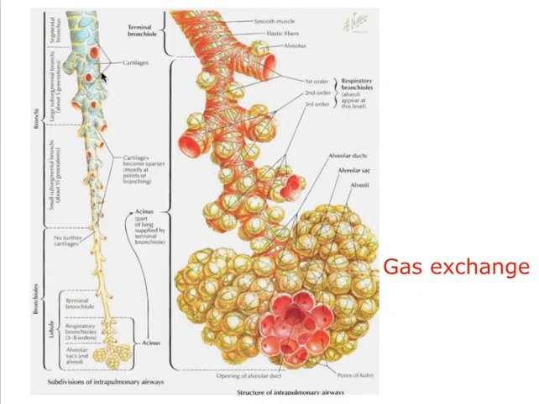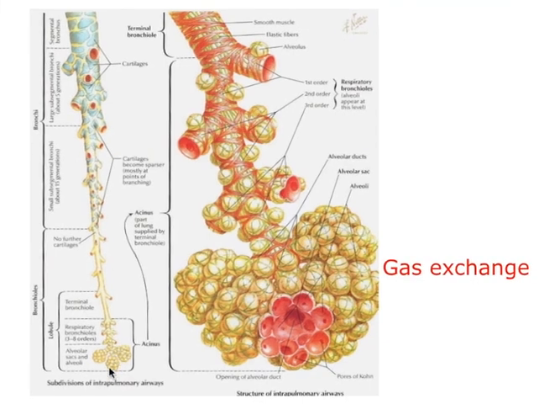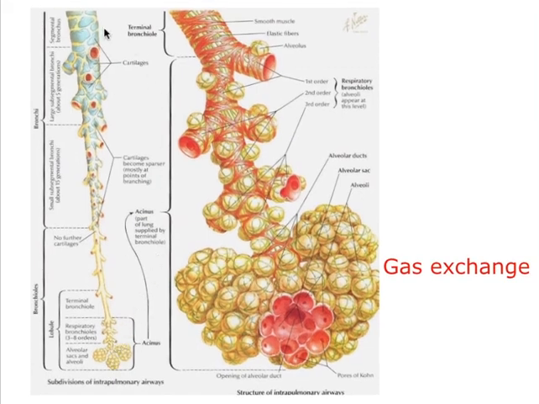So this is another view of the airways. So here you see a bigger airway, a bronchus, becoming smaller and smaller and smaller until it ends in the alveoli. You can also see that the bigger bronchi have cartilage and that this cartilage decreases until there's no cartilage anymore, and the airways are called bronchioles.